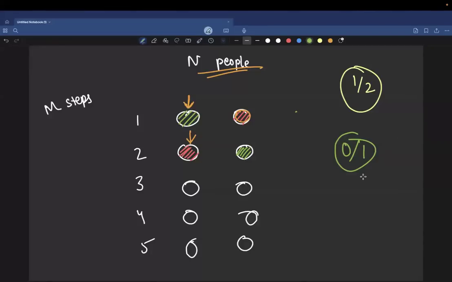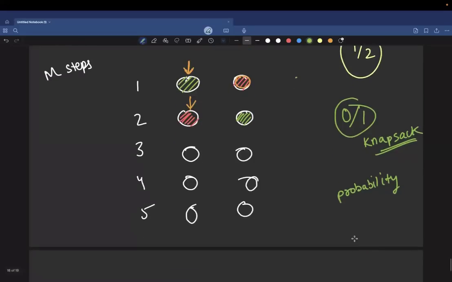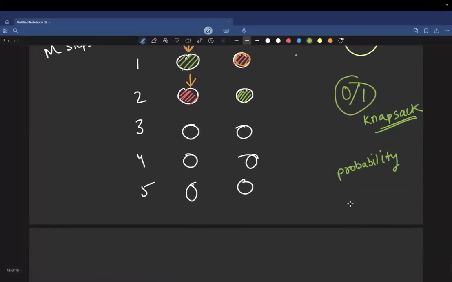One prerequisite is you should have seen something like zero one knapsack till now. Secondly, you should have some knowledge of probability. Elementary level is enough. And you should know how to take care of overflows, so you should know some basic maths for CP as well.